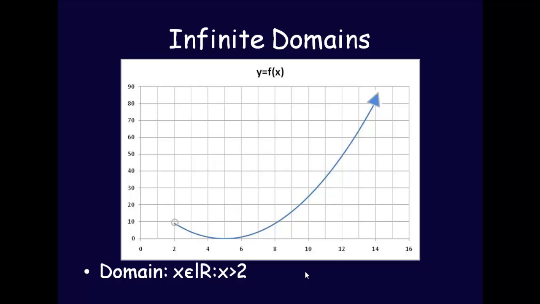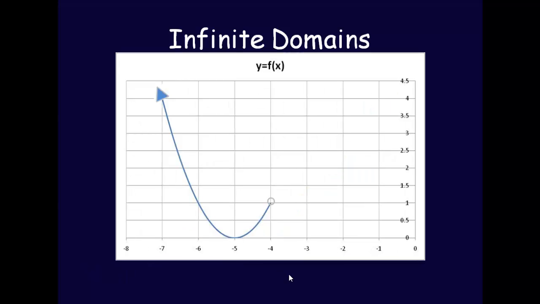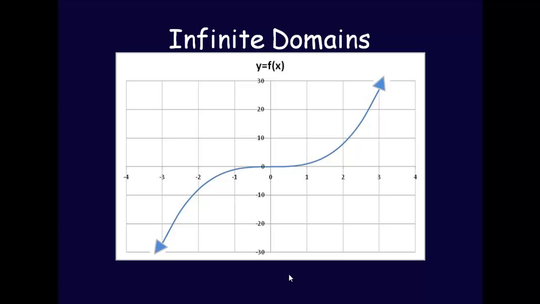On this one, x is a member of the set of real numbers and x is greater than 2. Notice the open point here, so it's got to be greater than 2, not equal to. Okay, that's what you should have got. And what about this one?